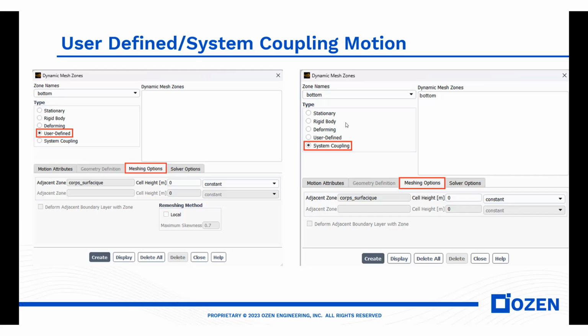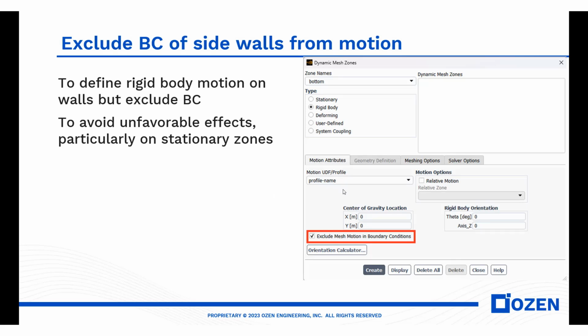If we have FSI, then we need to relate the moving boundaries in Fluent to what we have from Ansys Mechanical, and we can have a workflow for that in Workbench. In almost all of these types of motions, we have an item that says exclude mesh motion in boundary conditions.